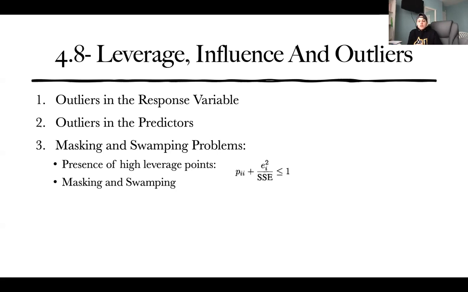Then we have outliers in predictors, which have our leverage values of p_ii, which we spoke about earlier, which can be used to measure outlyingness in the X space. This is true for both simple and multiple linear regression.